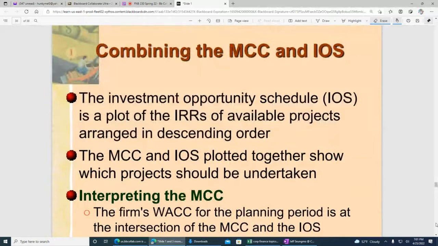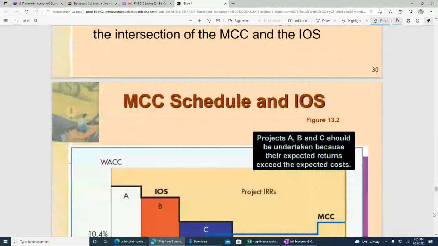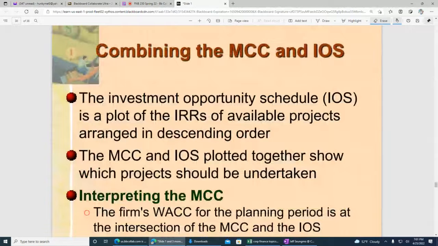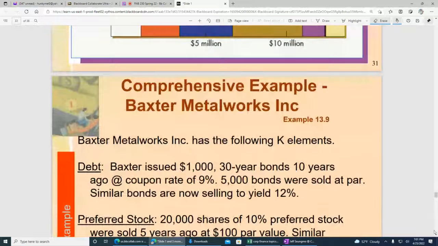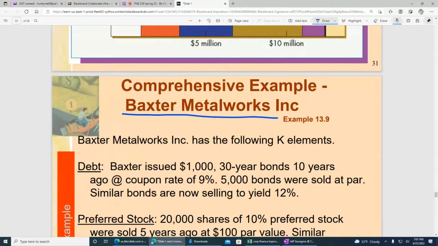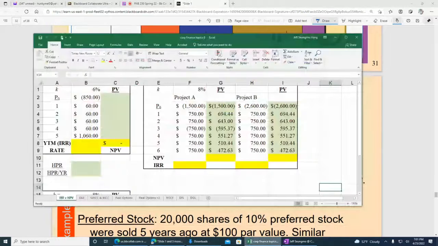Of course, we haven't got to the real example. This one, Baxter Metal Works. We don't have time for this today. We'll have to talk about this in the next class.